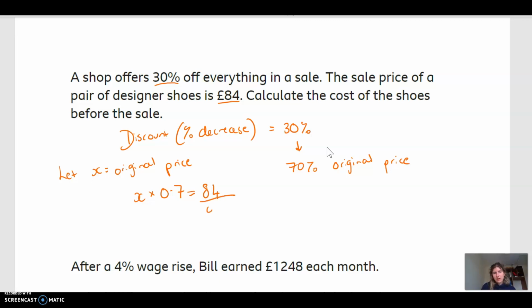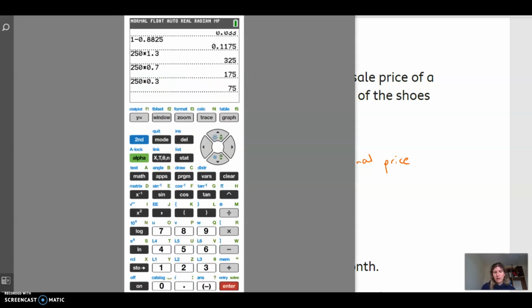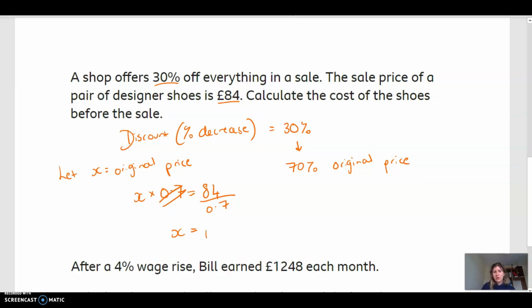And from then I'm going to divide by 0.7, just a bit of algebra, cancel that out, and I'm left with 84 divided by 0.7, which is 120. So I know that my original price was £120 altogether. Okay, perfect.